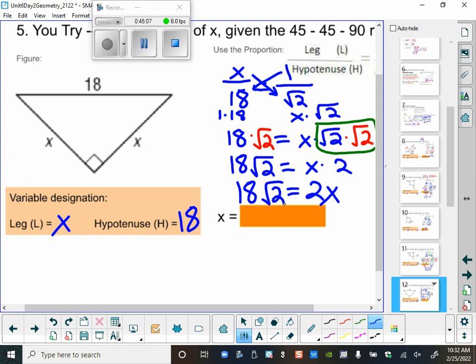That's the most important part right here. You see this, you have to do that. Get rid of that radical next to the x, and then what's our last step here? Divide both sides by 2.